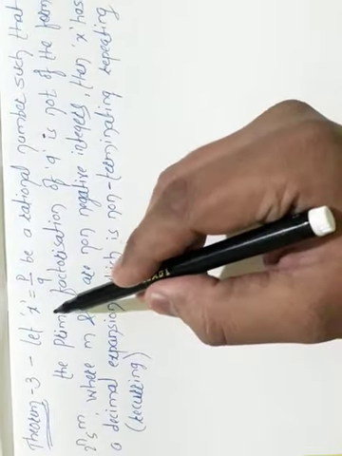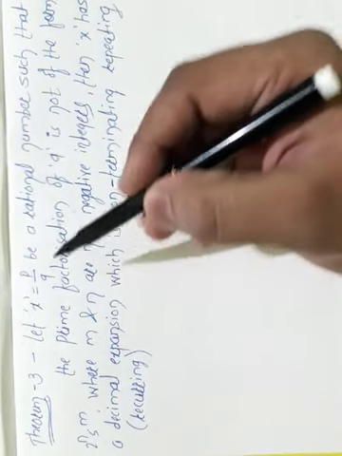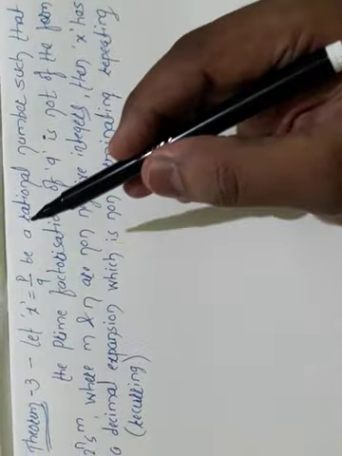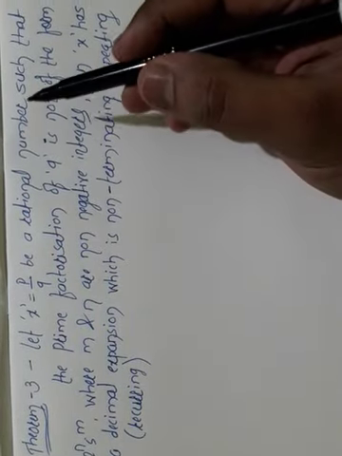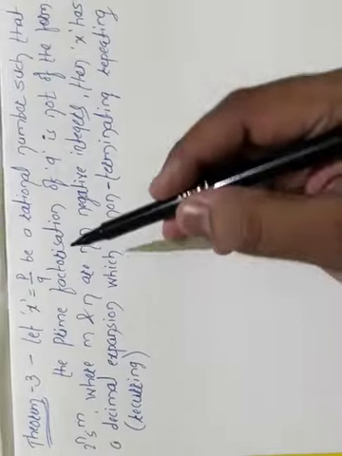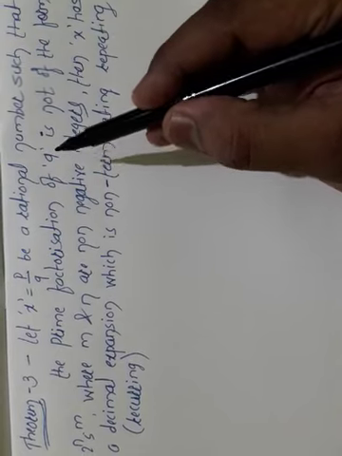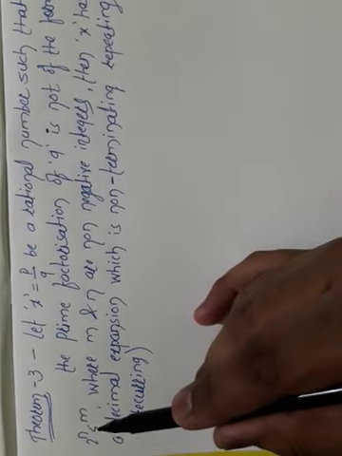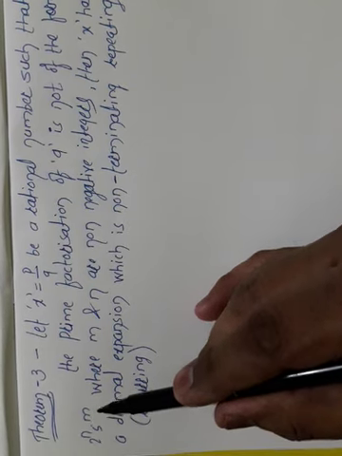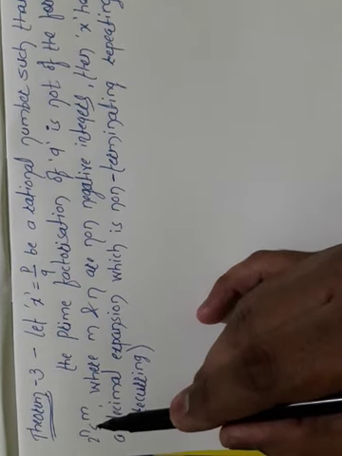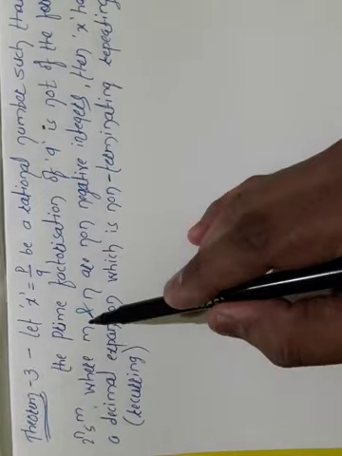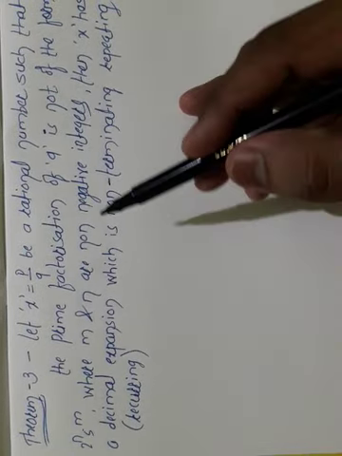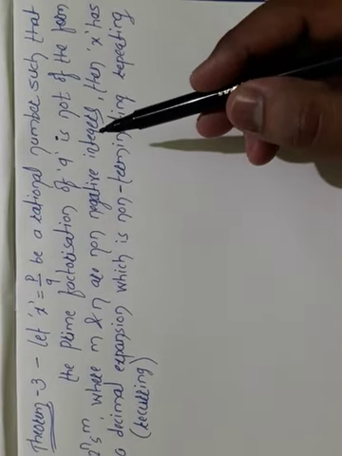Let x = p upon q be a rational number such that the prime factorization of q is not of the form 2 raised to n into 5 raised to m, where m and n are non-negative integers.